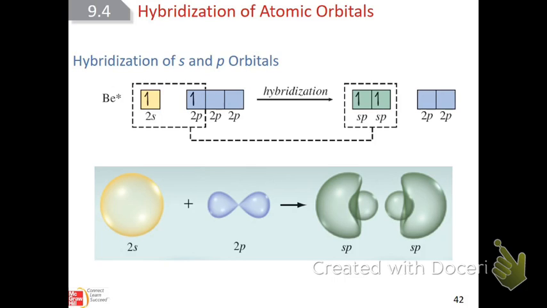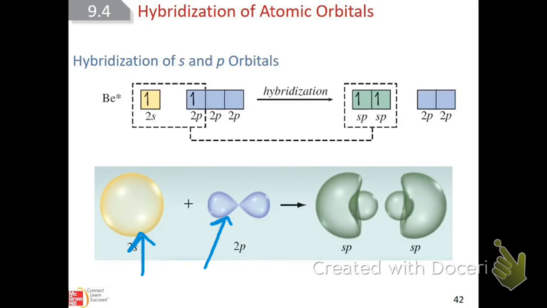In section 9.3, it explains that in this text, the yellow balloon shapes are going to be used to represent S orbitals. The blue will always be used to represent P orbitals. And the darker shapes are going to be used to represent orbitals that contain electrons.